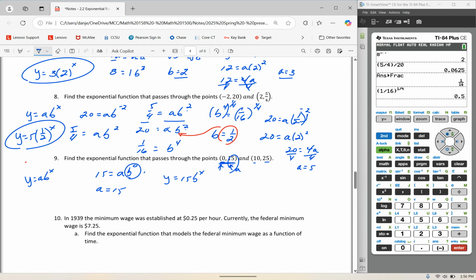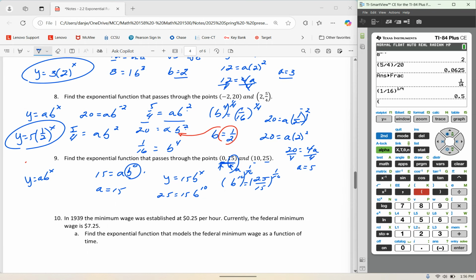Now when I plug this x and y in, y is 25 when x is 10. B to the 10th is 25 over 15. I could reduce my fraction. I'm going to need my calculator to take the 10th root of both sides anyway.